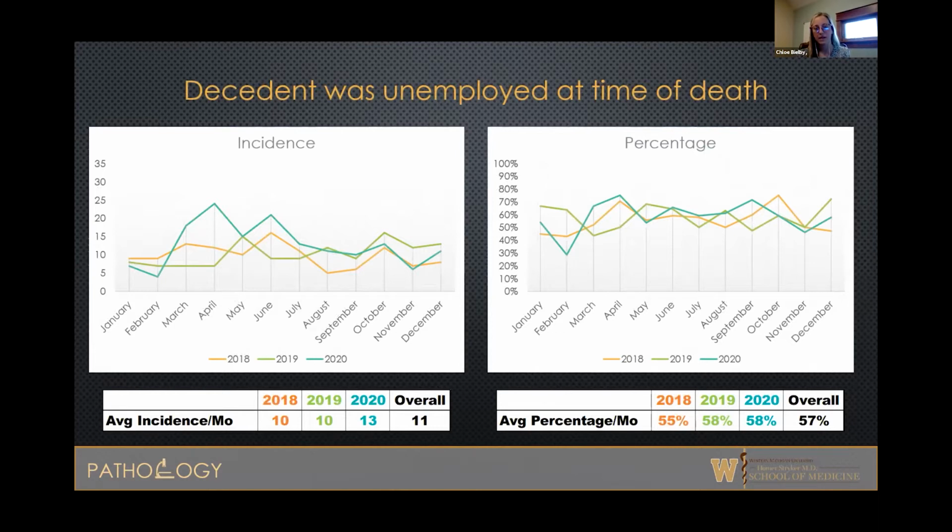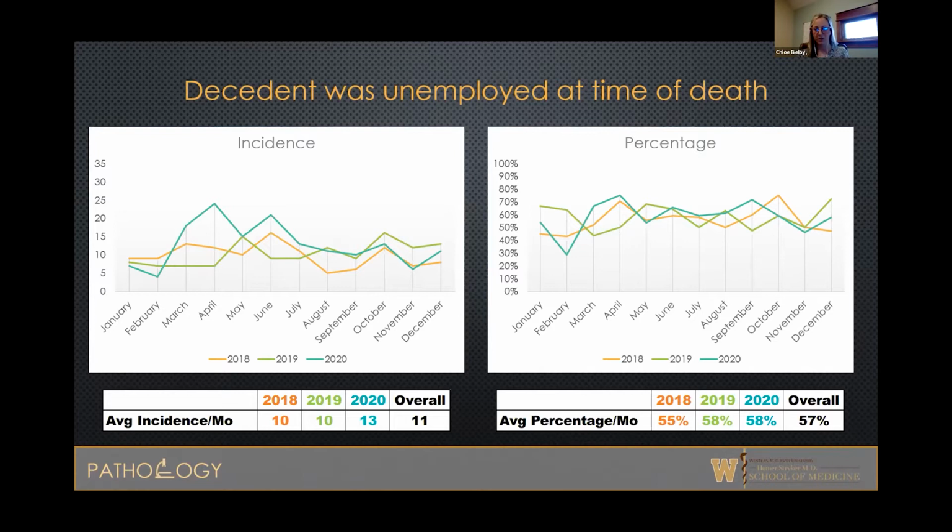And employment status, I define this as being unemployed at the time of death. And so we know that a lot of people were furloughed and laid off during COVID. And we can see a huge spike from March to about June where a lot of people were unemployed. I think this probably is similar to the general population. Having no employment just leads to more financial insecurity.